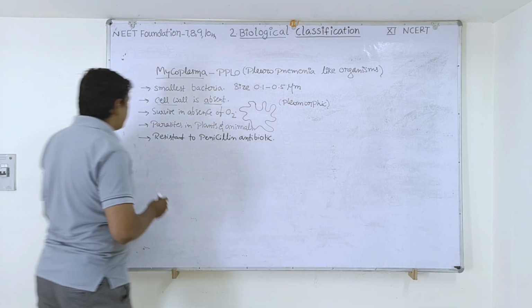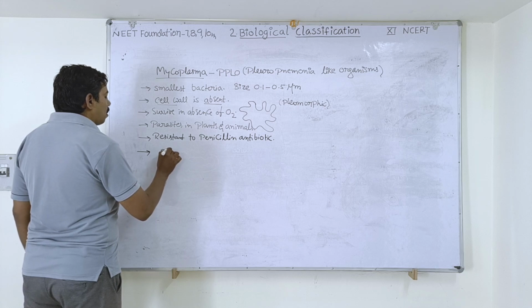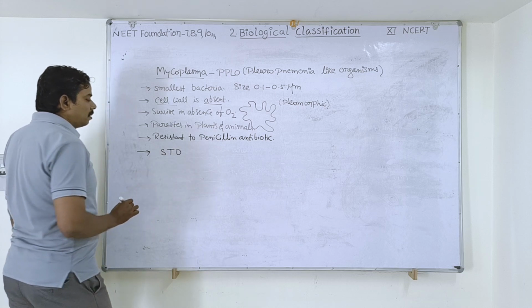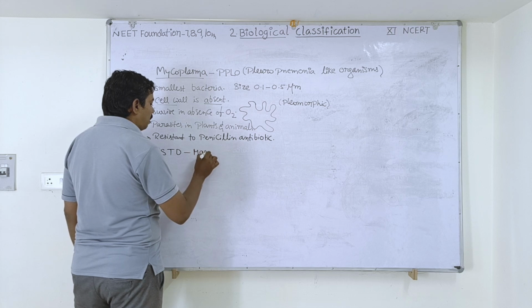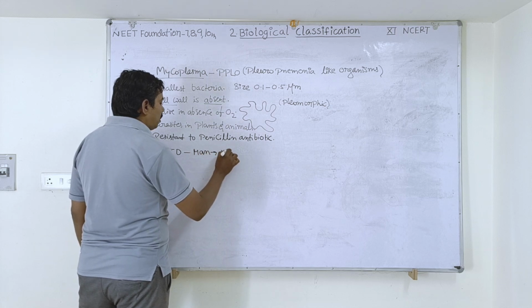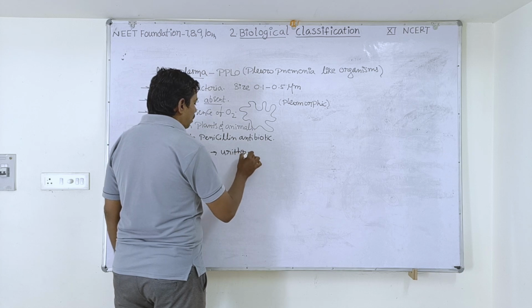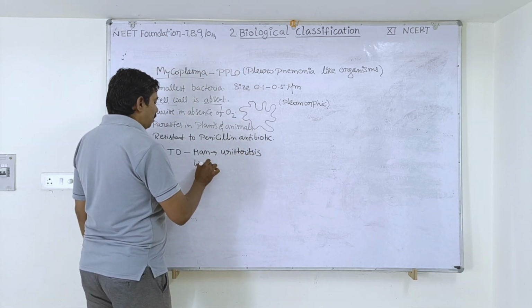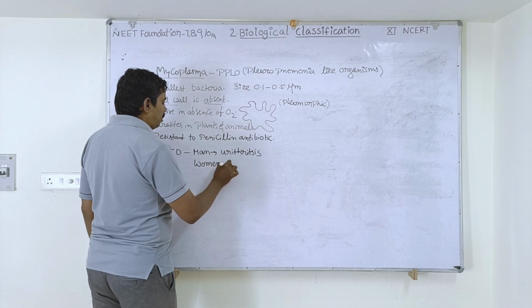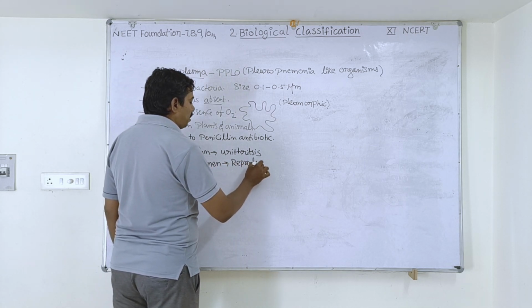Now let us see what are the diseases caused by this Mycoplasma. So Mycoplasma will cause sexually transmitted disease. Sexually transmitted disease in man is called urethritis. In women it causes reproductive tract infection.